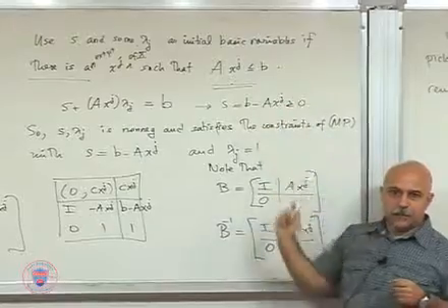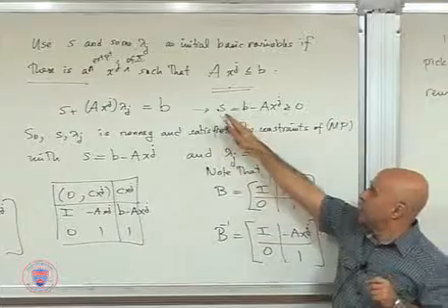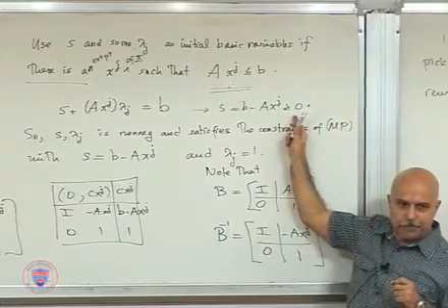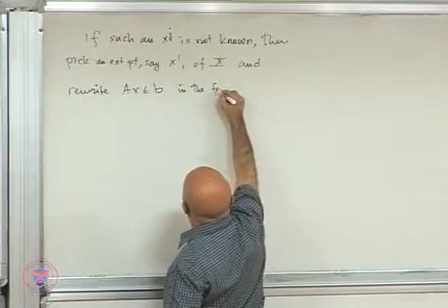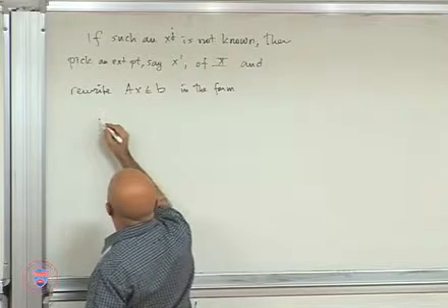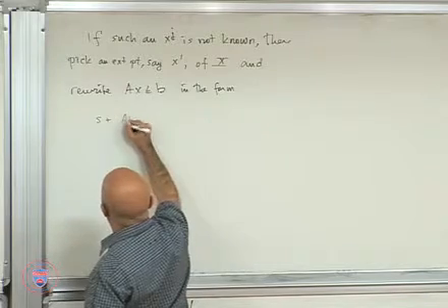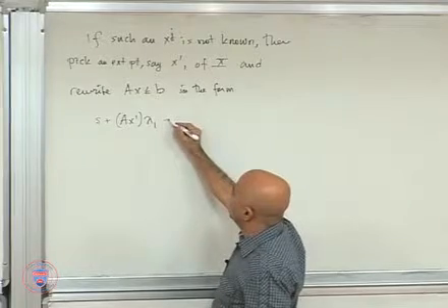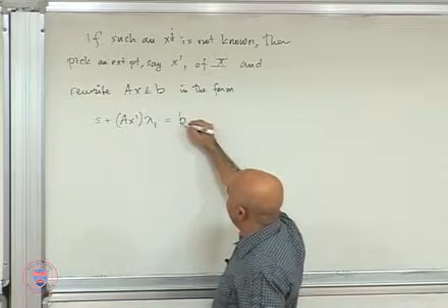violated in at least one constraint, or in at least one inequality, which means that at least one component of the S vector will be less than 0. Okay? In that case, what you do is you write your constraints in this form, except that it will not work. Okay?